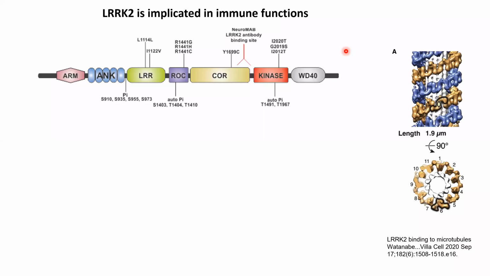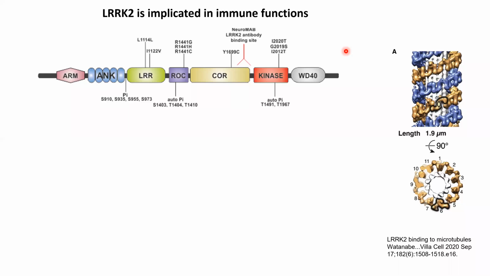So this leads me on to the final part of the talk, which is about LRRK2. We know that LRRK2 is not a phagocytic receptor, but it's involved in downstream events in the phagocytic pathway, which I'll show you more detail of. So it's implicated in immune function.